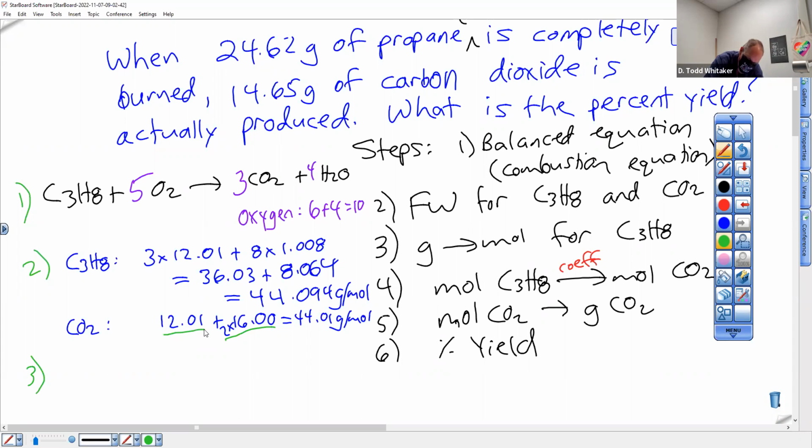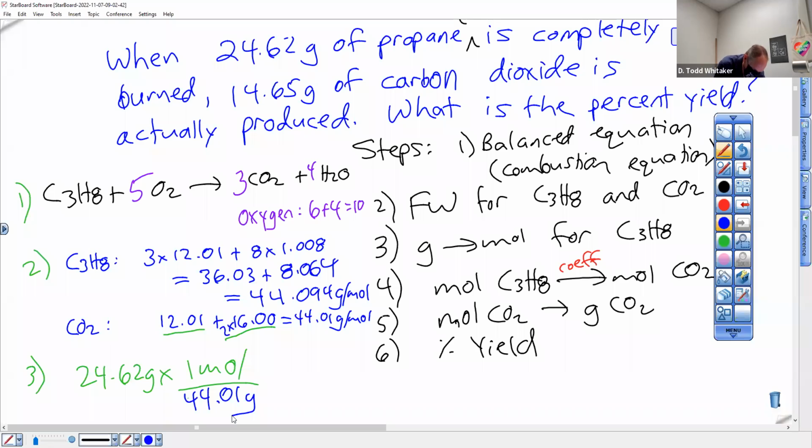3. Grams to mole C3H8, 24.62 grams times 1 mole for every 44.0. Oh, no. Dr. Whitaker, it's C3H8. Well, that was 44. I was reading the first one.